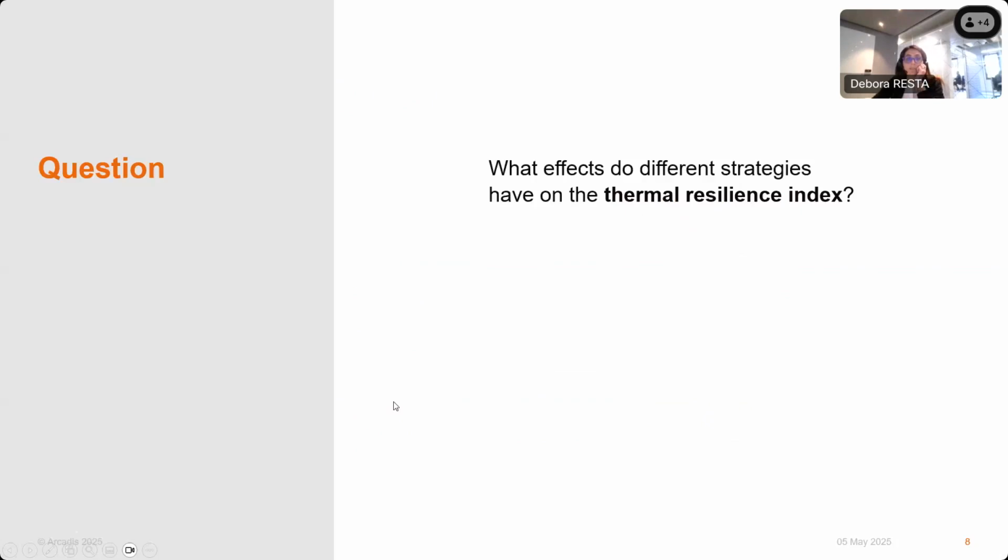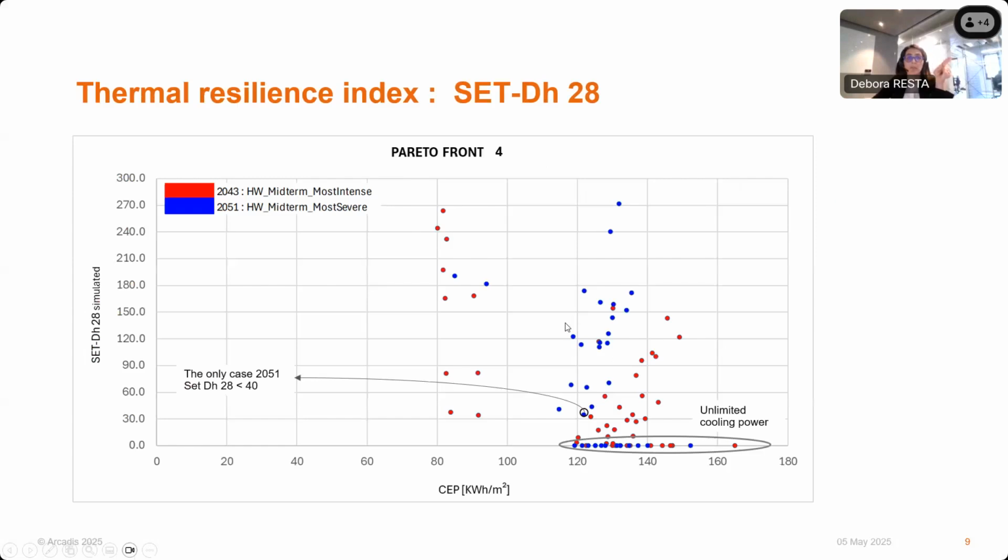So to connect back to the project, we pose the question: what effect do different strategies have on the thermal resilience index? If we update the graph with the thermal resilience index set to degree hours 28, instead of overheating, we observe that during the heat wave with the most severe period, so 2051, it is more challenging to achieve resilience.